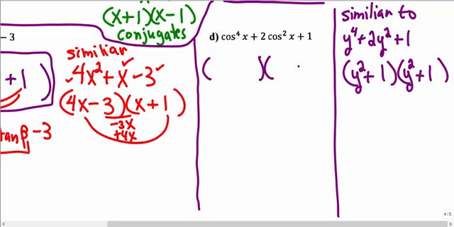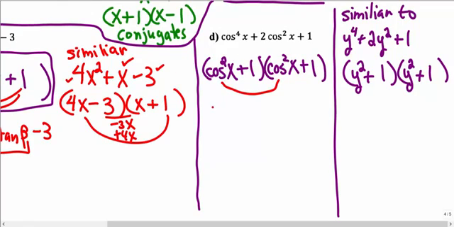We're still setting up our two parentheses for those three terms, but instead of putting in x, we will now put in cosine squared x, cosine squared x, very similar to how we did y squared and y squared, plus 1 and plus 1. And let's check that on the trig version here to make sure that if I multiply these back together, cosine squared times cosine squared would be cosine to the 4th x.